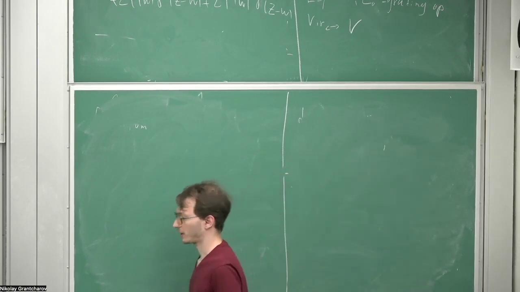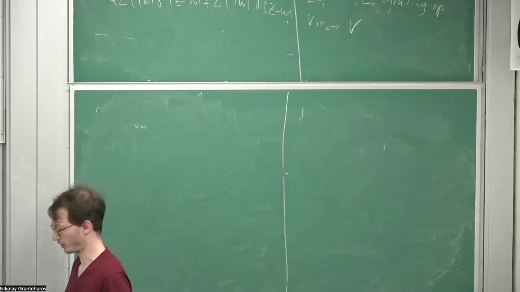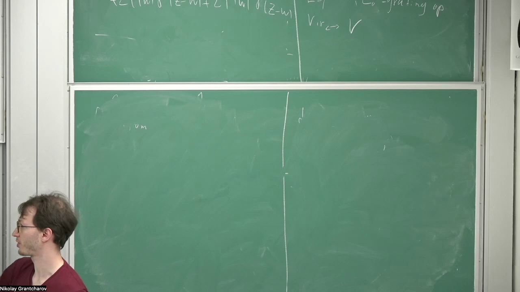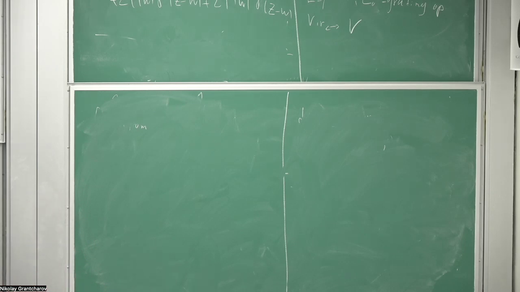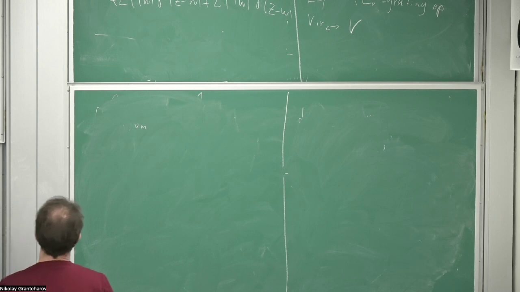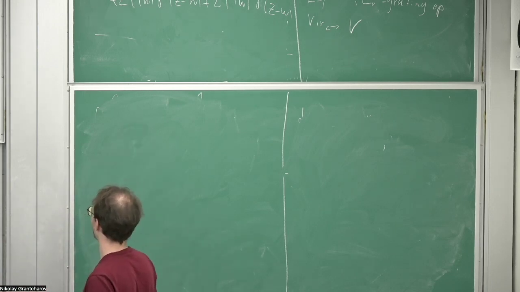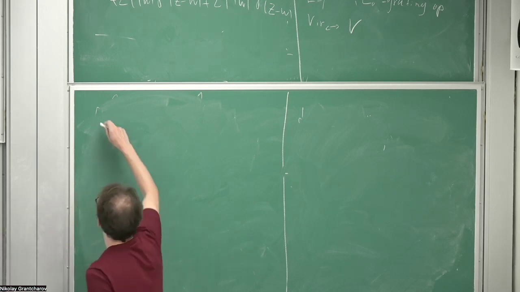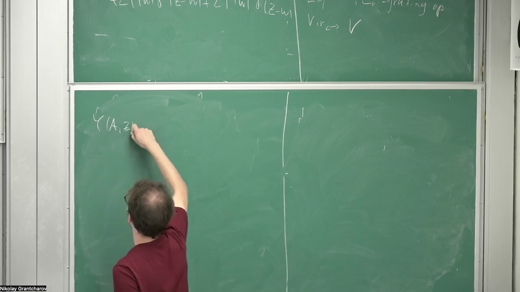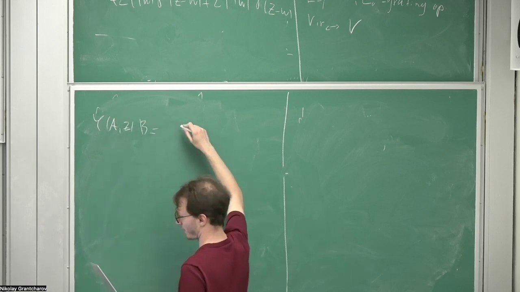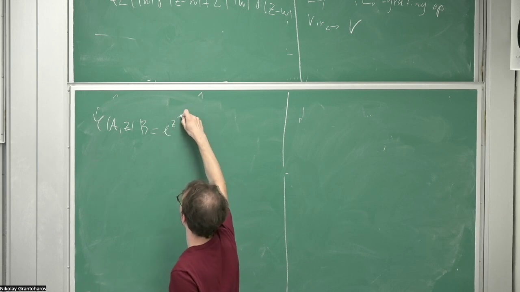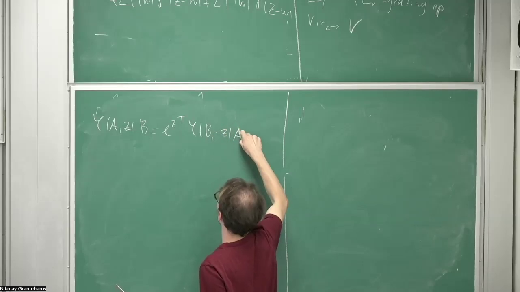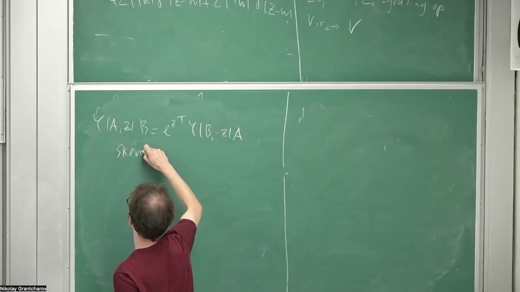It turns out that locality is a strong thing, and there are very strong consequences of this property, and so there is some notion of symmetry. So if you apply field A to B, it's almost the same as e^(zT) Y(B, -z) A. Okay, so this is called skew symmetry.